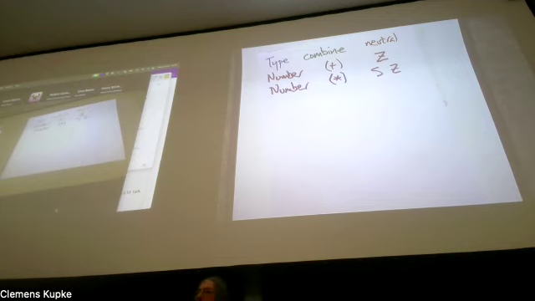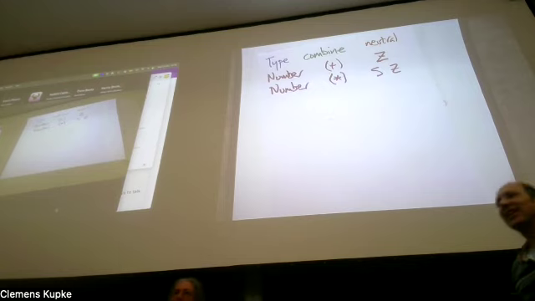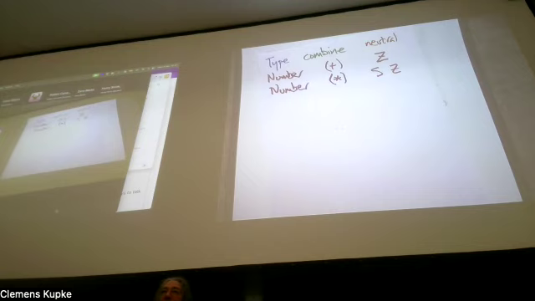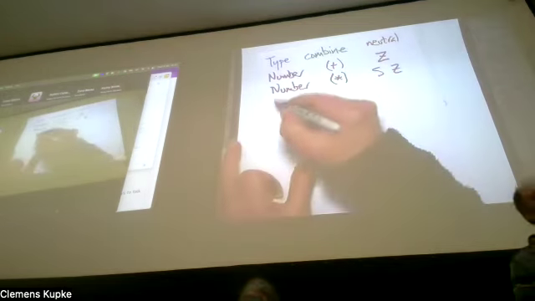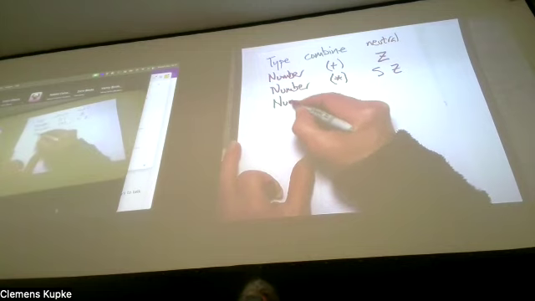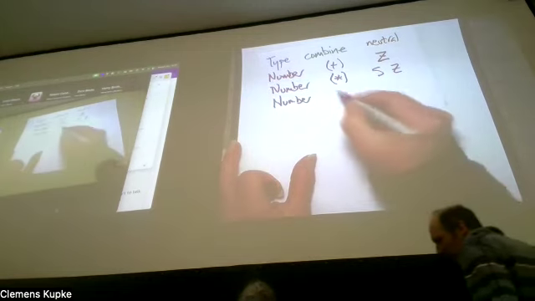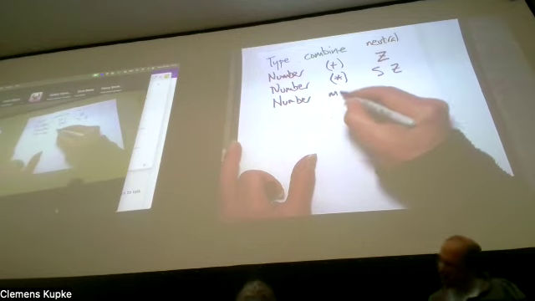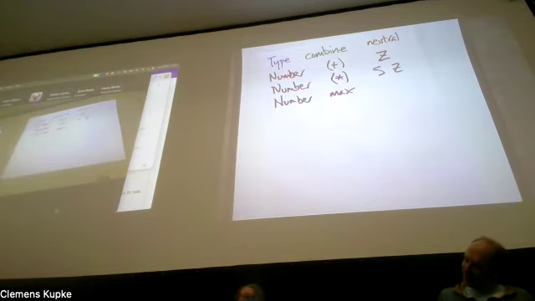Hint, we saw this monoid in week 2 in the tutorial. Max. What's Max's neutral element?